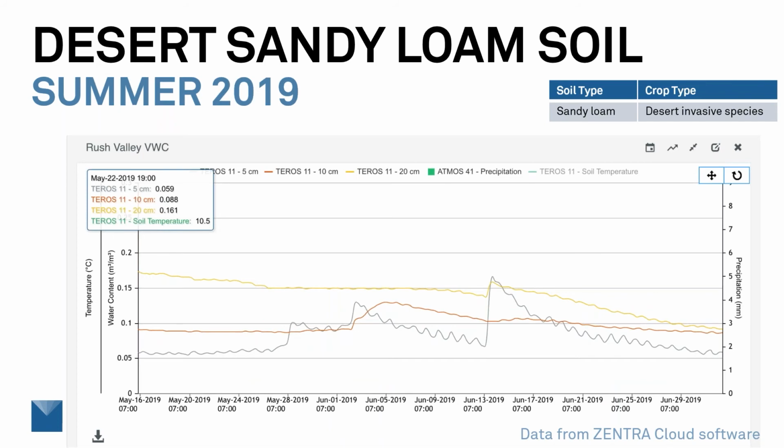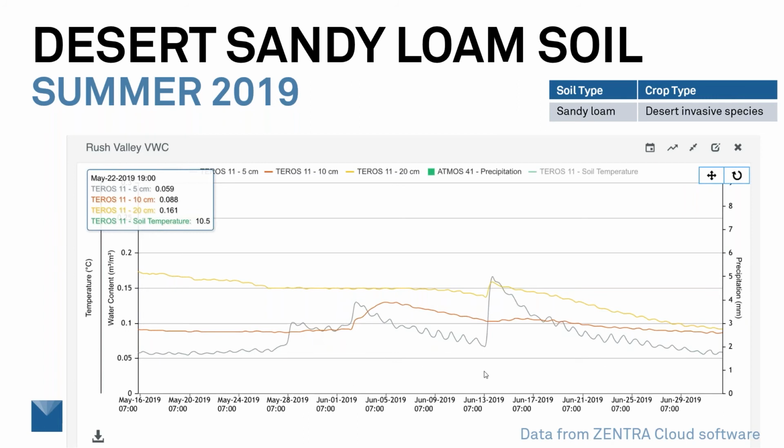Now moving to another time period. This is earlier in the year, May into June, and this is actually before we got our precipitation sensor set up. These data are from ZentraCloud, Meter's cloud software that helped me visualize it, and it said it was there, but we hadn't quite installed it. So it's not quite correct that we have the precipitation.